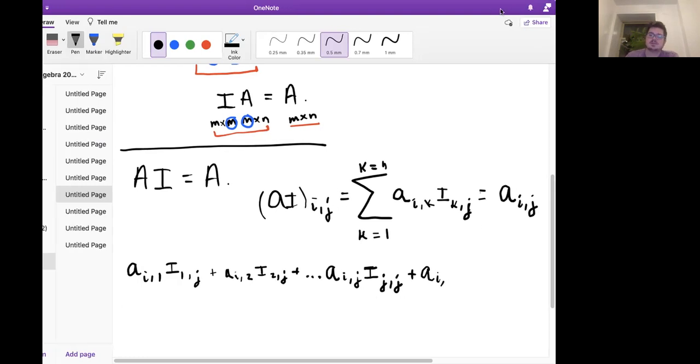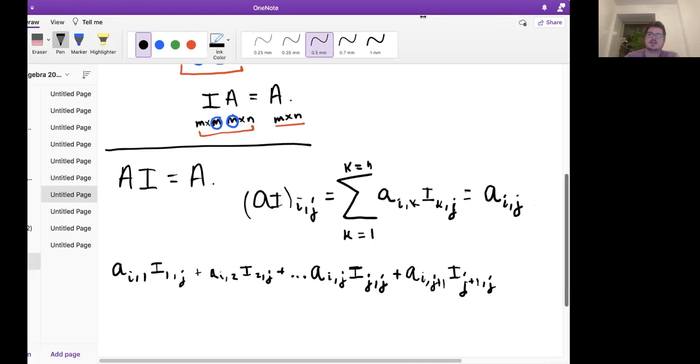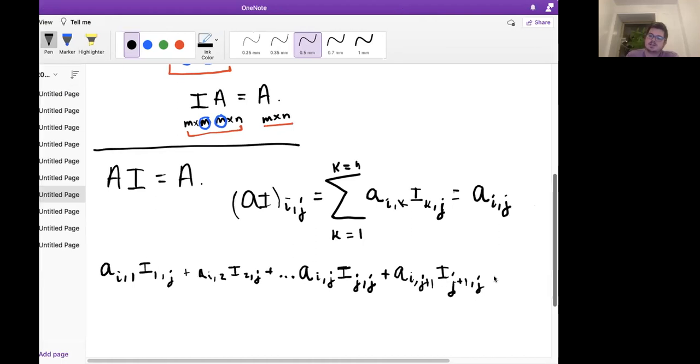Yeah, j plus 1, and then (j+1)j. So I guess we could even go all the way to the end. What would the last entry in the sum be?